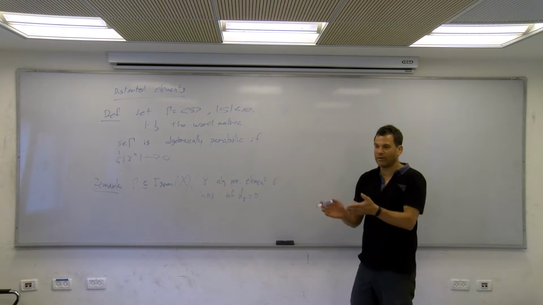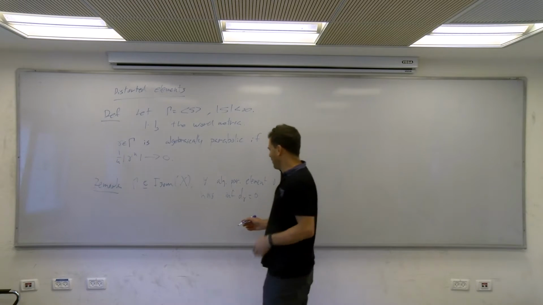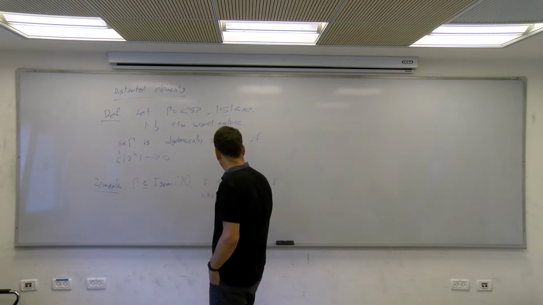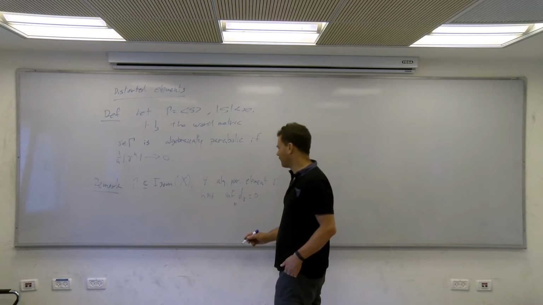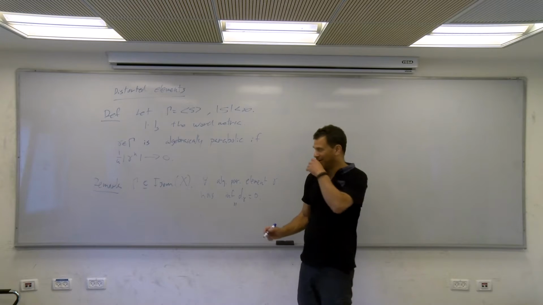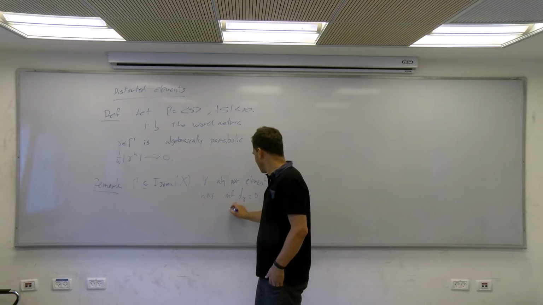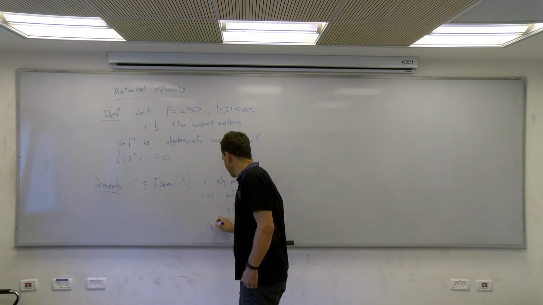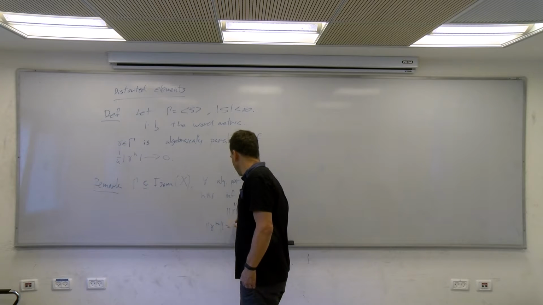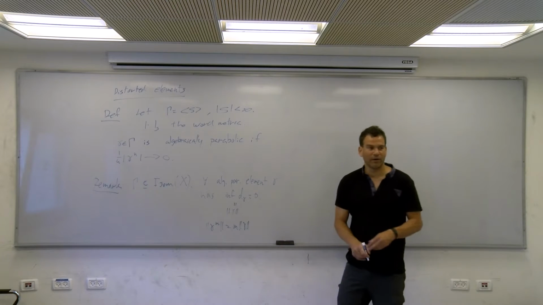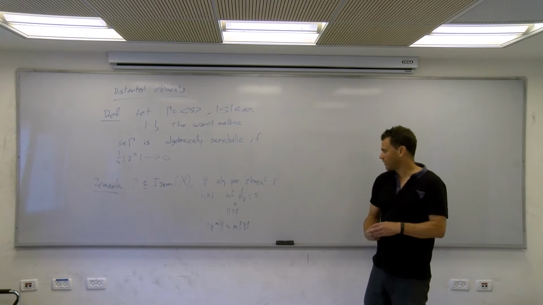Because otherwise, we saw that, we should call it the norm of gamma, maybe. The norm of gamma to the m is m times the norm of gamma. We proved that last time.